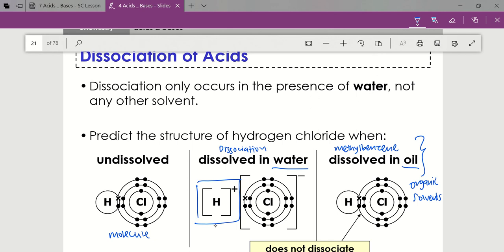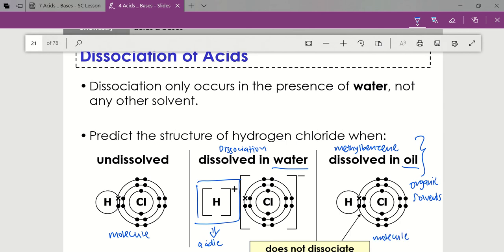Okay, so this will cause it to be acidic. And lastly, if it is placed in oil or in organic solvents like methyl benzene, the molecule will also not dissociate and it will remain as a molecule.